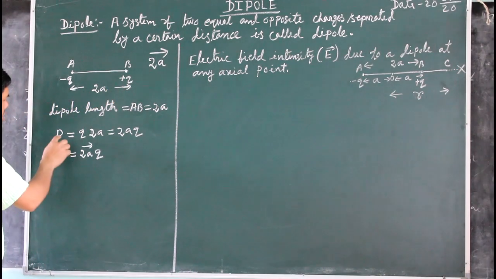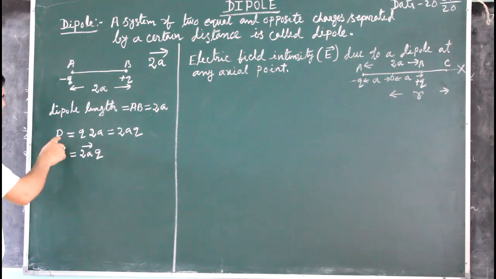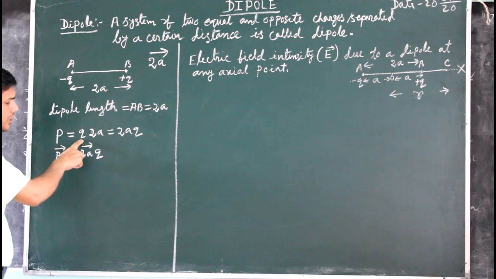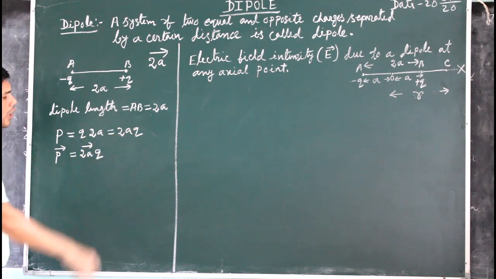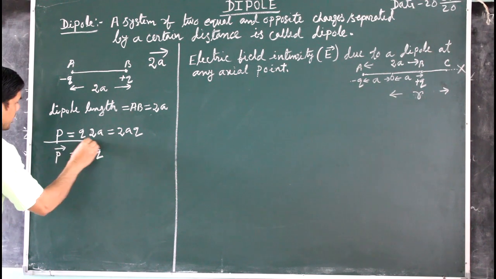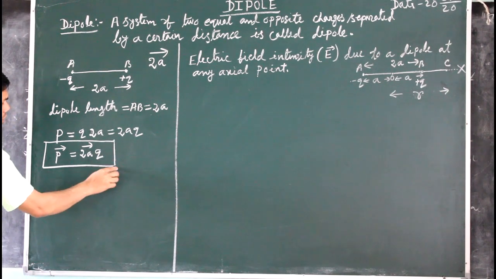So according to the definition, P equals q, either charge, times the dipole length. So q into 2a equals 2aq. In vector form, vector P equals q times vector 2a. This is the mathematical form of dipole moment, and it is a vector quantity.